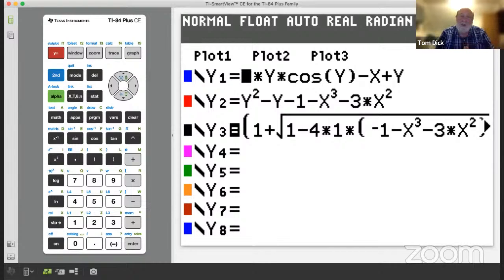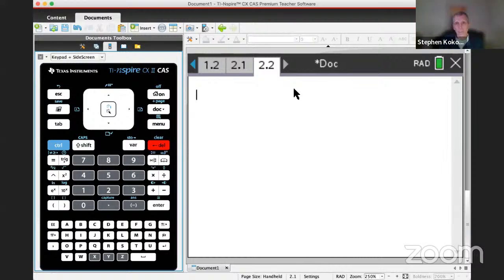Now I'm going to show you another way you can check an implicit derivative. That's kind of cool. For this one, I am going to pull out the Nspire. Okay, let me do a stop share, and then I will do a new share with Nspire. Okay, great.